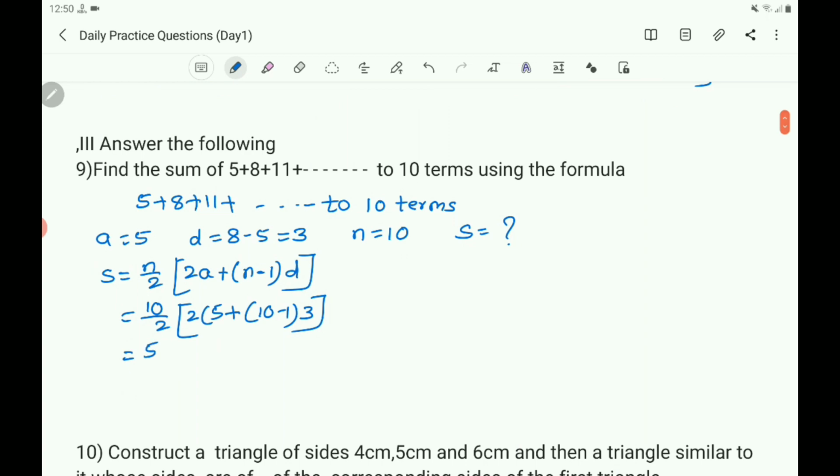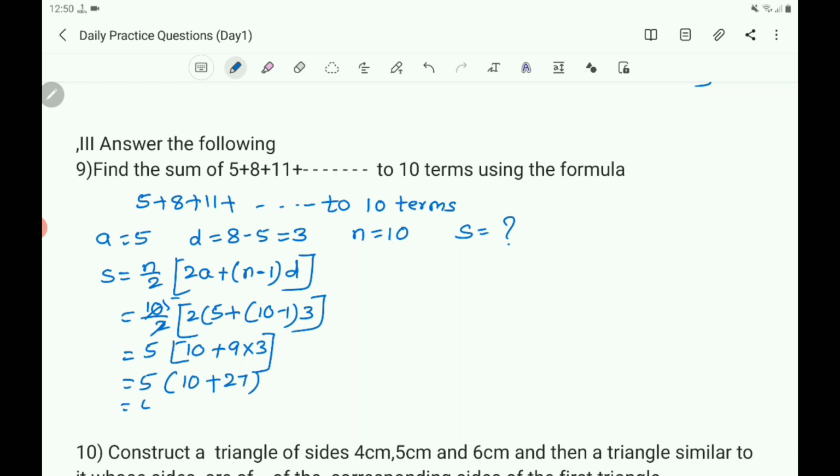10 by 2 is 5. Then you write 2 5s are 10 plus 10 minus 1 is 9, 9 into 3. Then 5 into 10 plus 9 3s are 27.